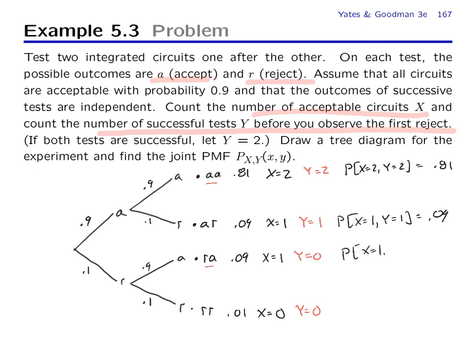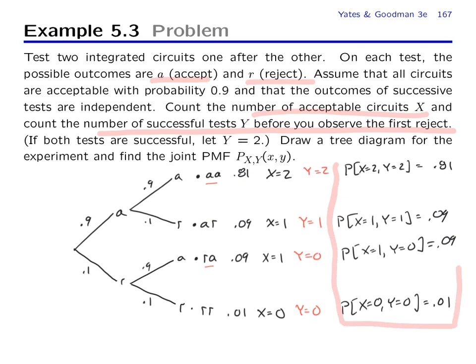Here we have the probability x equals 1 and y equals 0 is 0.09. And finally, the probability x equals 0 and y equals 0 is 0.01. So what we have here are 4 probability facts, but we still have to write them as a joint PMF.